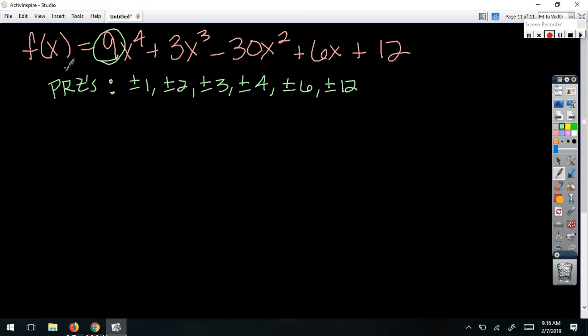So I've already divided them all by 1. Now I've got to divide them by 3. 1/3. 2/3. 3 divided by 3 is already on the list. 4/3. 6 divided by 3 is 2. 12 divided by 3 is 4. So those are good.